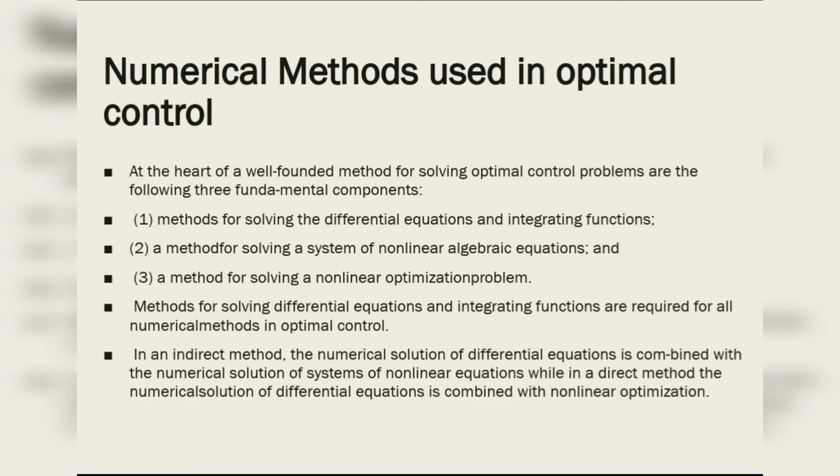Methods for solving differential equations and integrating functions are required for all numerical methods in optimal control. In an indirect method, the numerical solution of differential equations is combined with the numerical solution of systems of nonlinear equations, while in a direct method, it is combined with nonlinear optimization.